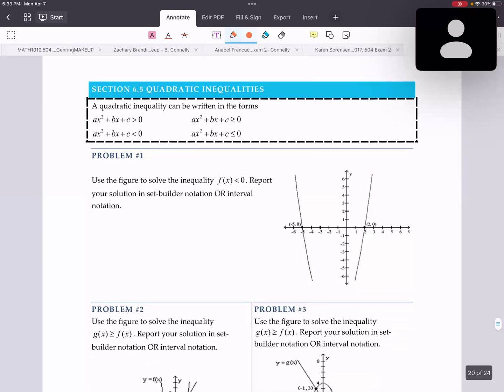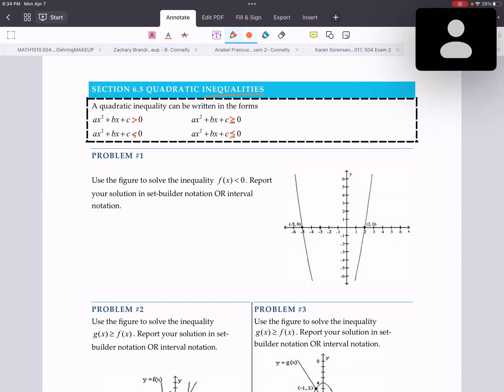All right, let's go to 6.5 now. And on this one, we're going to be talking about solving quadratic inequalities. When I'm thinking about inequalities, remember that just means that you have a greater than or equal to symbol, or a less than or a less than or equal to symbol.